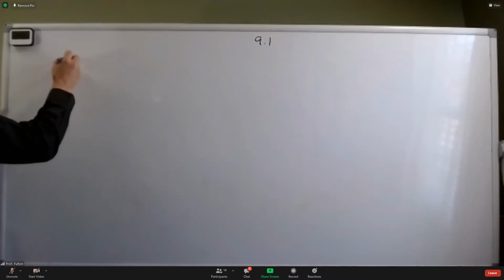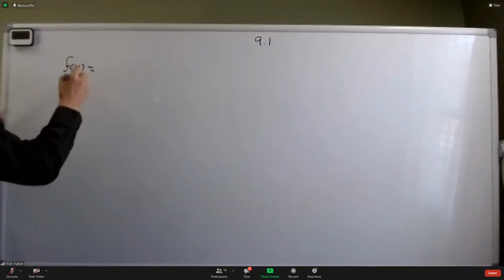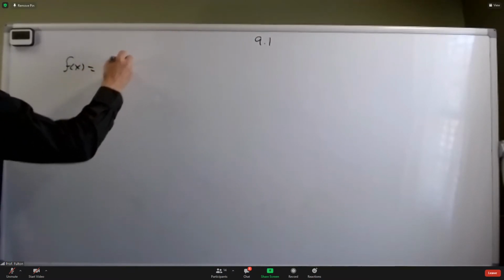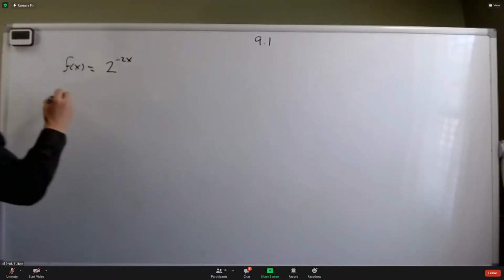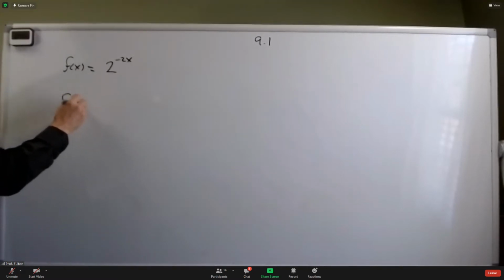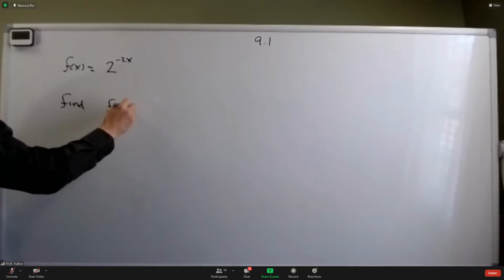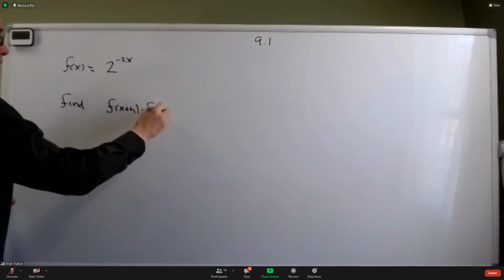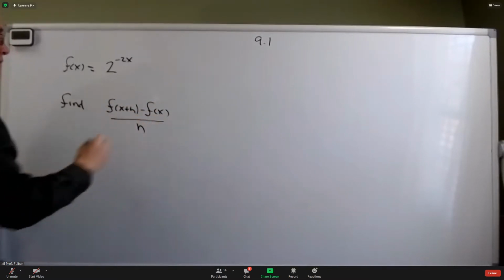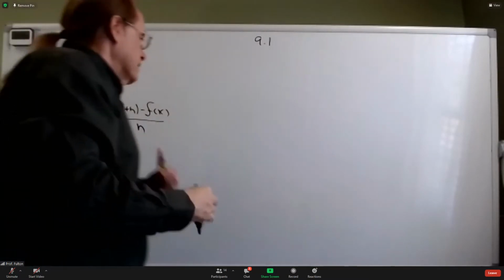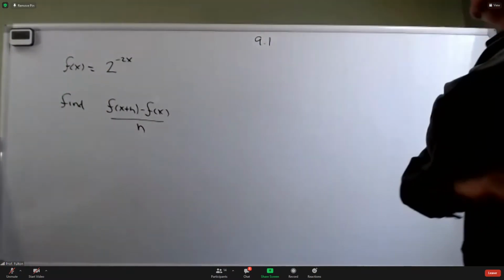So try this one. And I want you to find this. You can find that difference quotient and manipulate it to get the h's and the x's separate from each other.